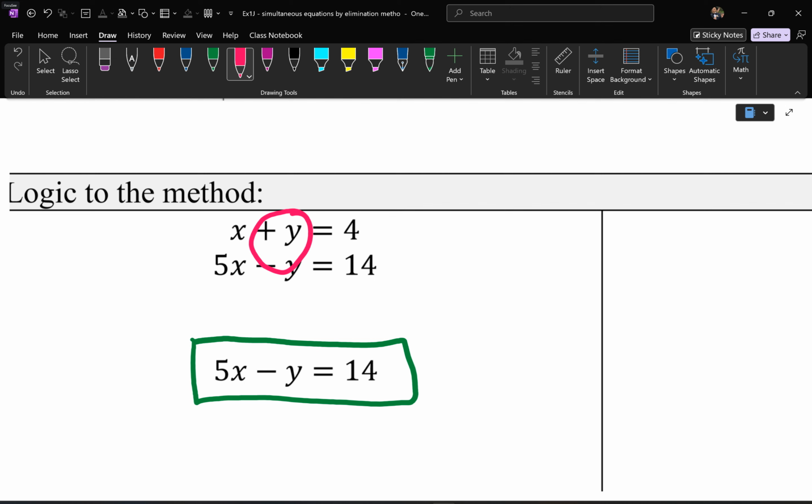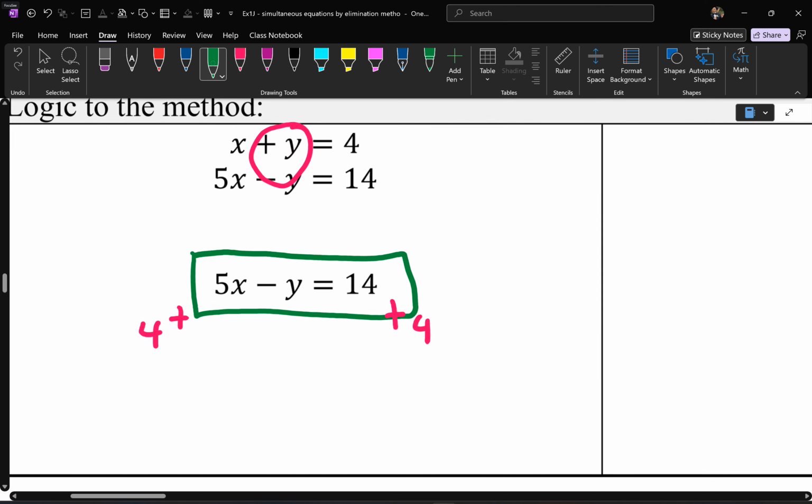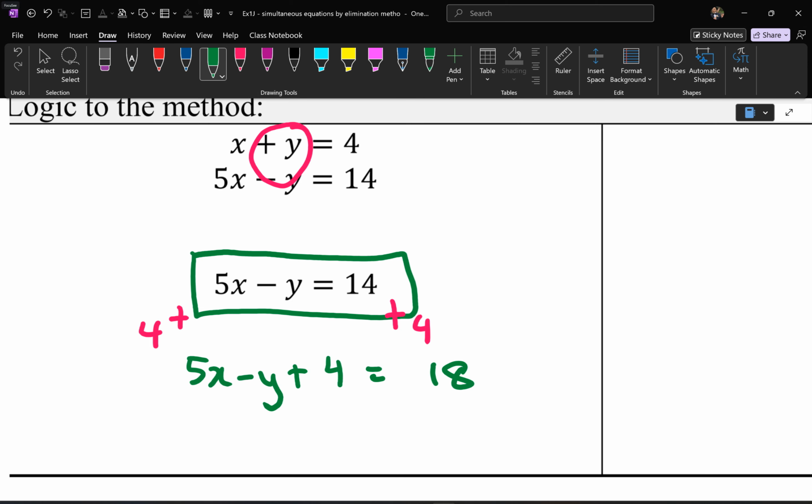So here I can say, let's add 4 to the left side. But if you add 4 on the left side, that is the same thing as writing 5x minus y plus 4 equals 18. But that plus 4 is the same as x plus y. There's nothing wrong there. So if I write x plus y down instead of this 4, this is why when you collect like terms, you've got 5x minus y plus the x plus the y equal to 18.